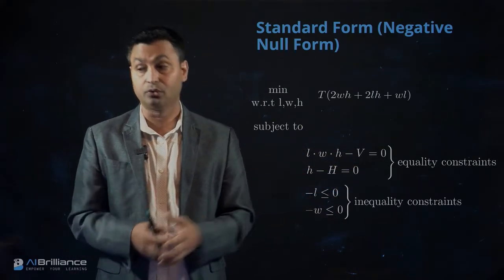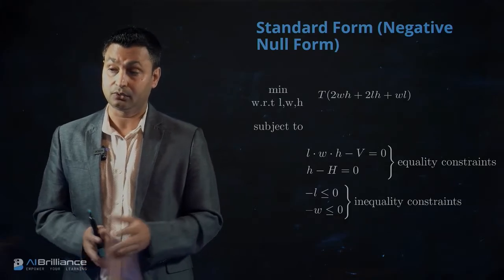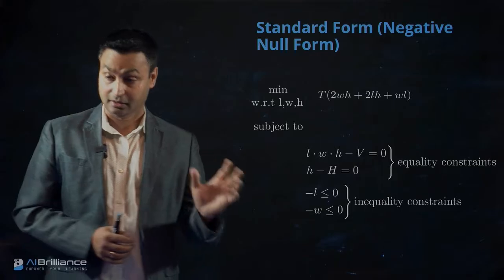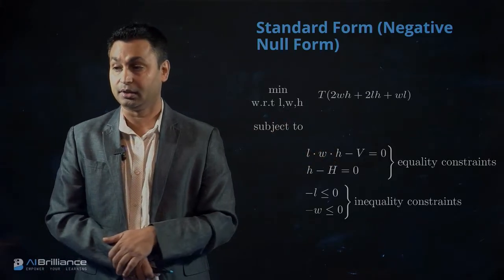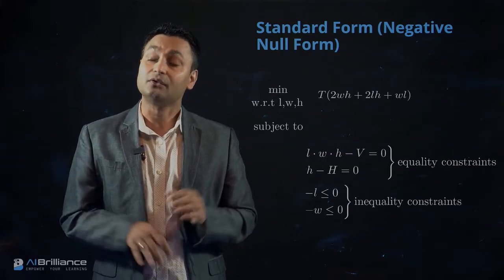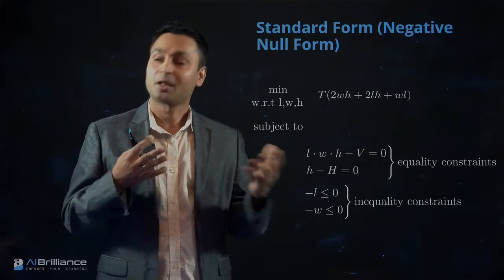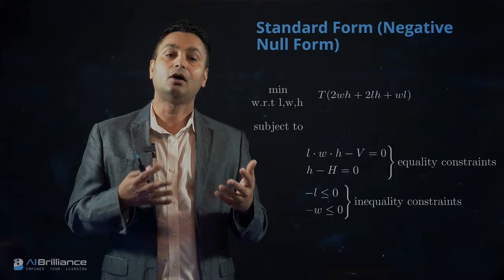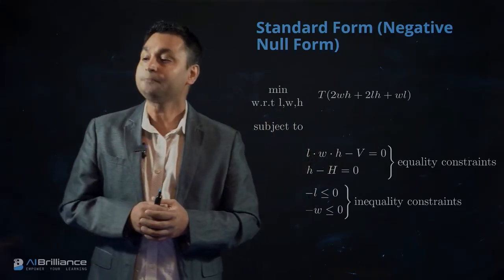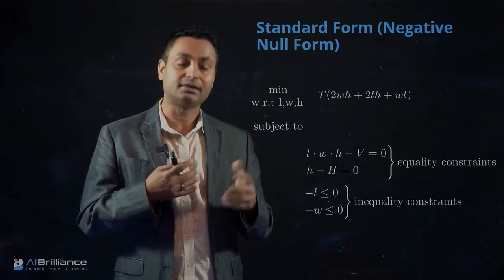It's important to know whether your constraints are equality or inequality constraints. Going forward, we will see the effect of equality and inequality constraints, and it turns out that equality constraints are very restrictive. If you have too many equality constraints, solving the problem becomes somewhat difficult, whereas inequality constraints are more relaxed and more helpful.